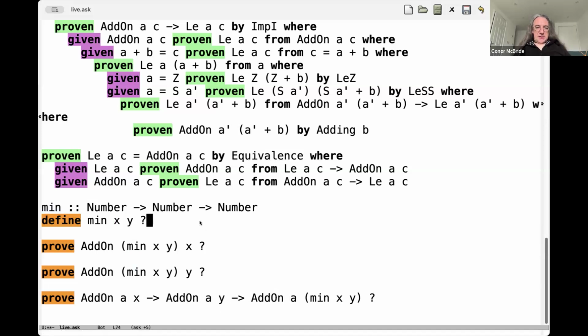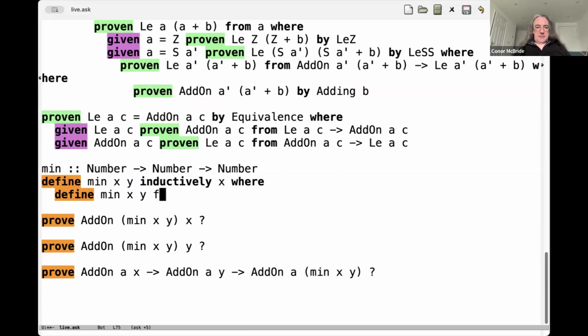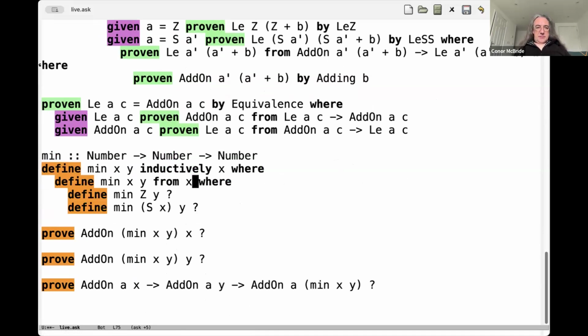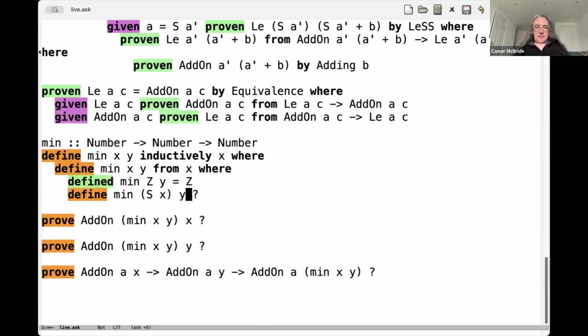All right. So if one of our numbers is 0, the minimum is 0. Otherwise, we better look at the other number.